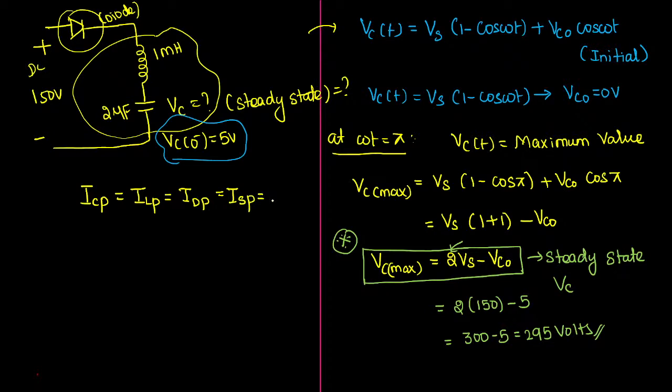The one and only answer is VDC, or we can say supply voltage, into square root of C by L. This is one of the most important formulas. It is not a formula, these are all derivations. And next you will be asked to calculate the conduction time period of the thyristor. Sorry, diode. In this case we are in diode, right? Conduction time will be pi into square root of L into C. We have covered all these things already. Kindly go through your lecture once.